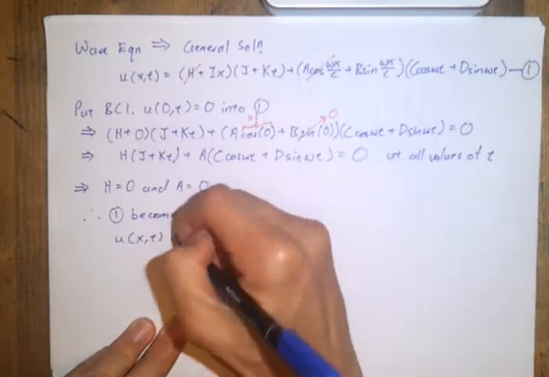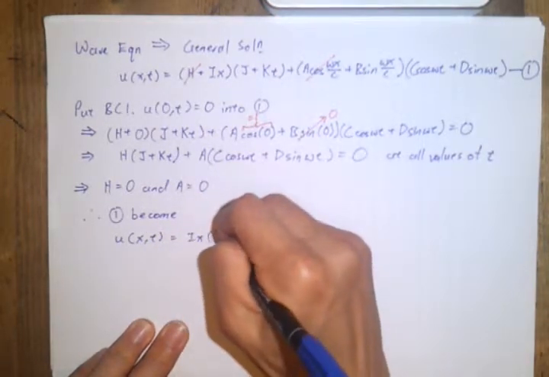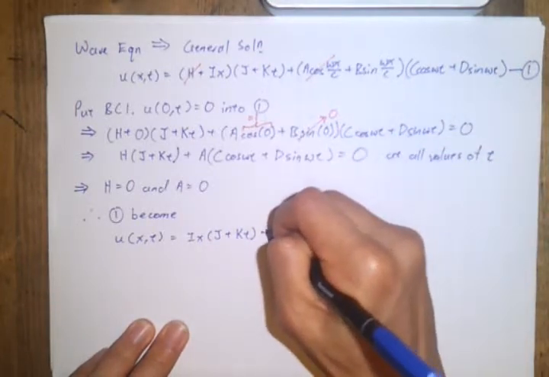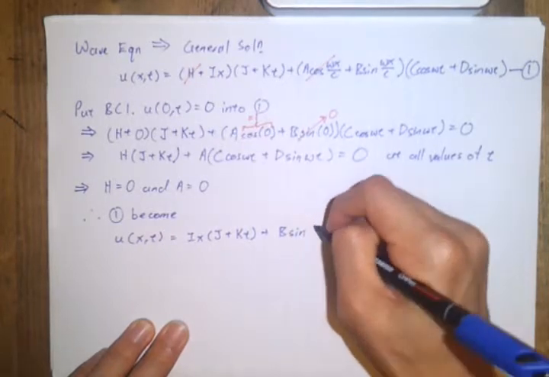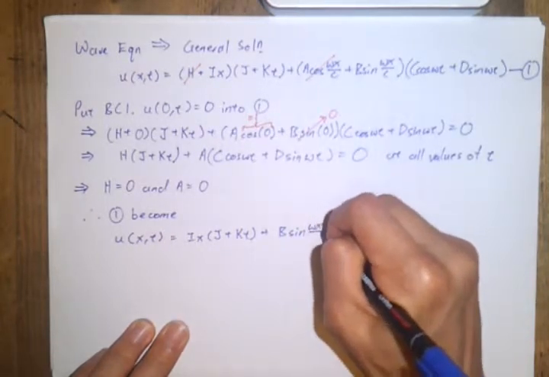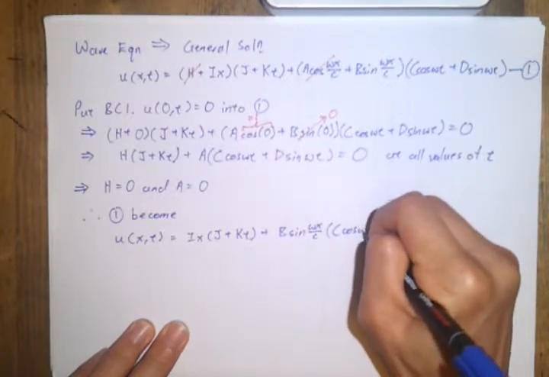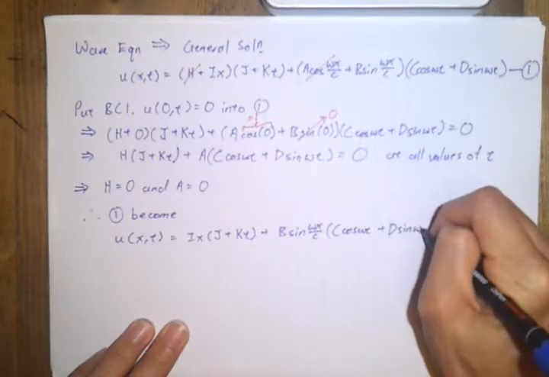This just becomes Ix times (j plus kt), plus b sin(ωx/c) times (c cos ωt plus d sin ωt).